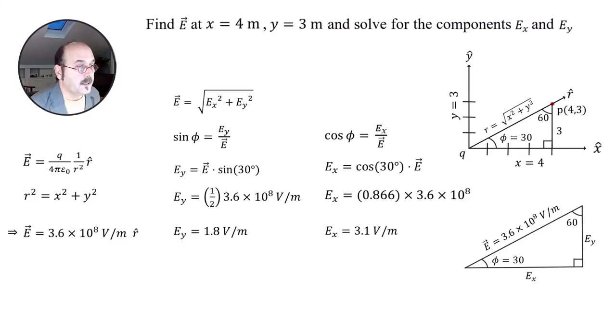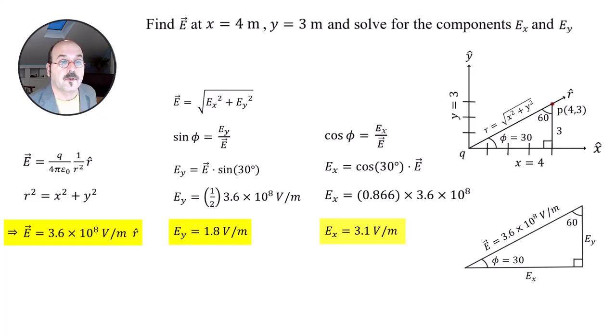And with that, we now have everything we asked for, in that we solved for the electric field as a vector. In this box here, I'm showing it in the R hat convention. And then we also broke it down to its individual constituent components, EY and EX. And one of the important things that we'll be coming back to later on is this very important concept of the electric field being made up of components.